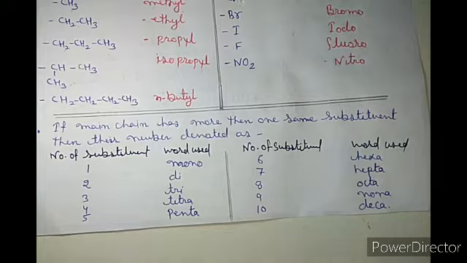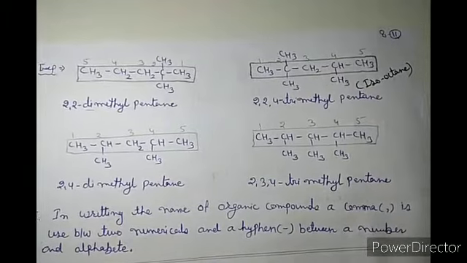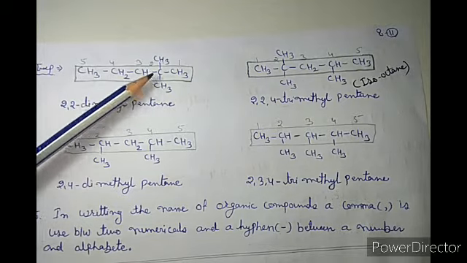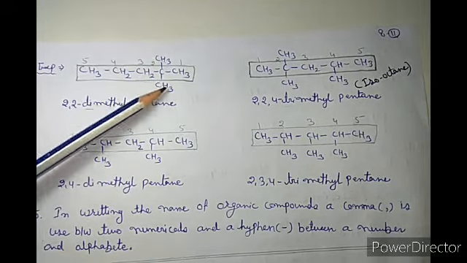To understand this, let me consider some examples. The first example is CH3, CH2, CH2, C, and this carbon has two methyl substituents.